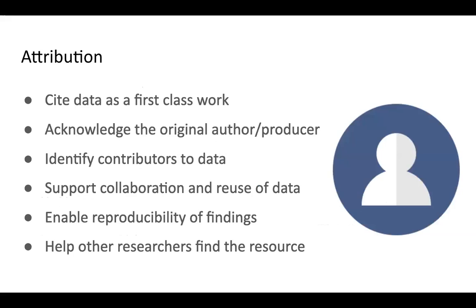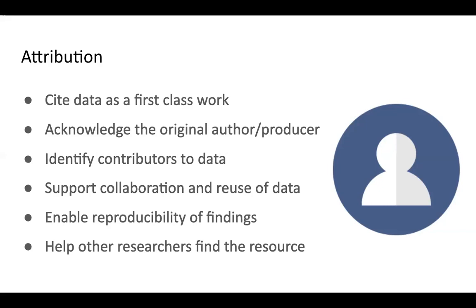All right, so let's focus on why attribution is important. So if data is considered legitimate, products of research, then we must cite that work. Data citation, like the citation of other evidence and sources, is good research practice and is part of the scholarly ecosystem supporting data reuse. So attribution supports reproducibility, validation of results, and that data reuse.